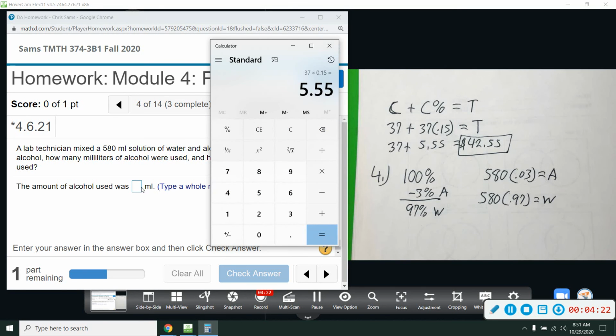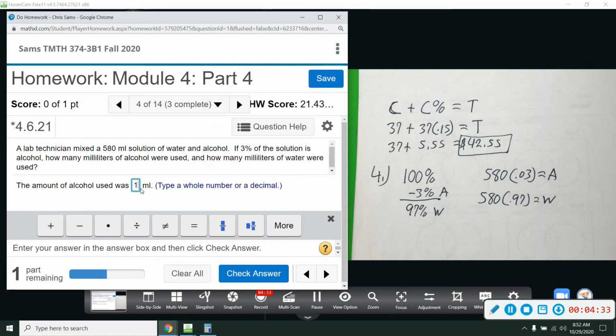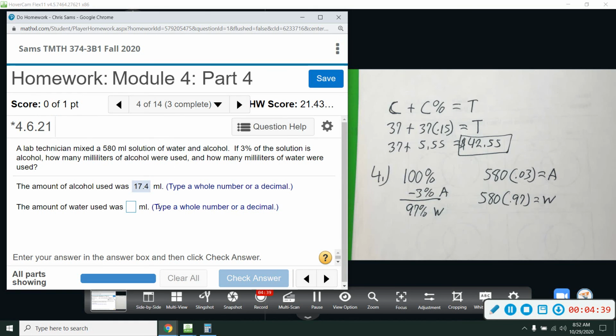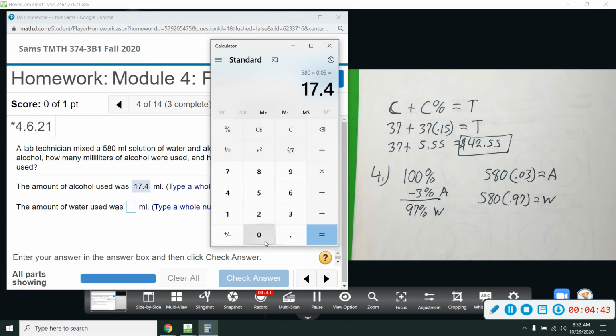So we want to know the amount of alcohol. So we're going to do 580 times 0.03, and that gives us 17.4. And then the amount of water used. So I'm going to show you 2 ways. You can just take 580 and take away 17.4. So take away the alcohol and you get this.